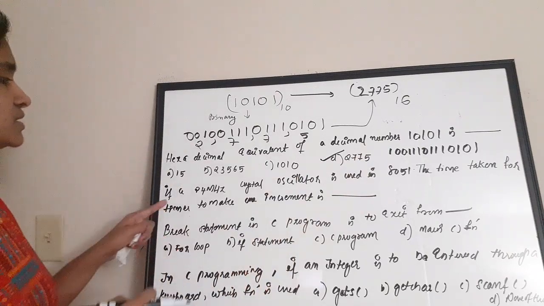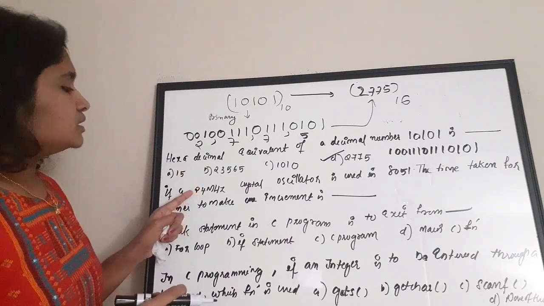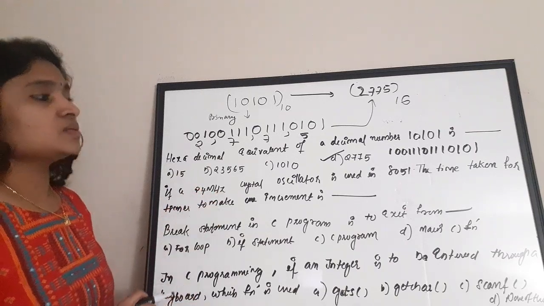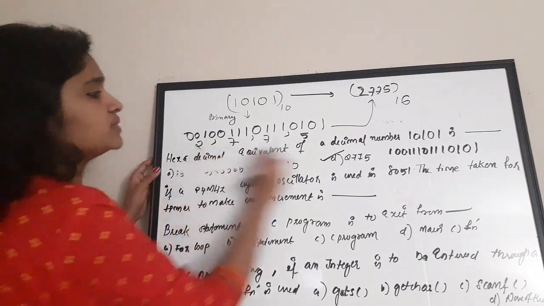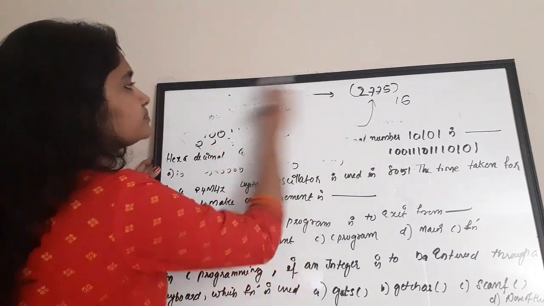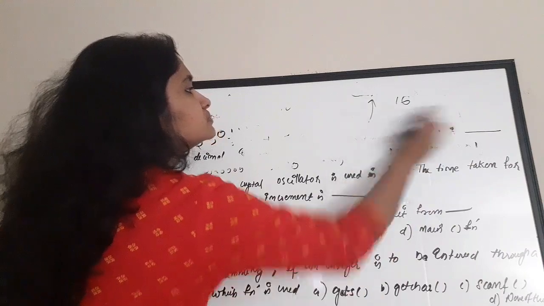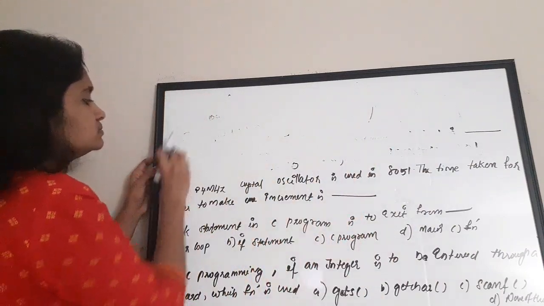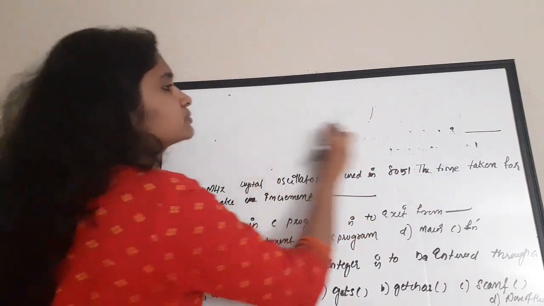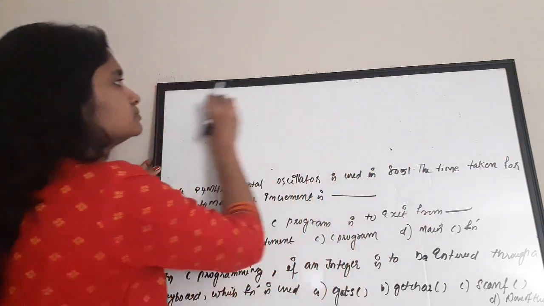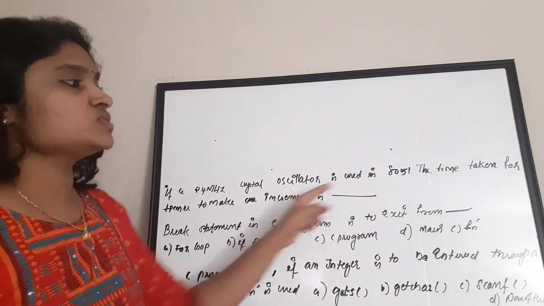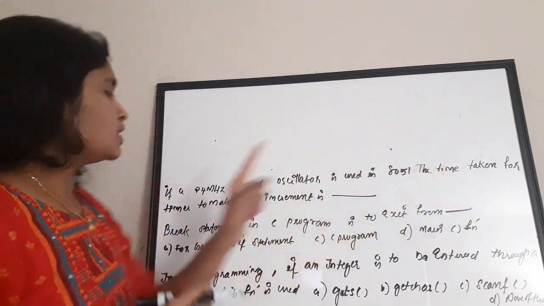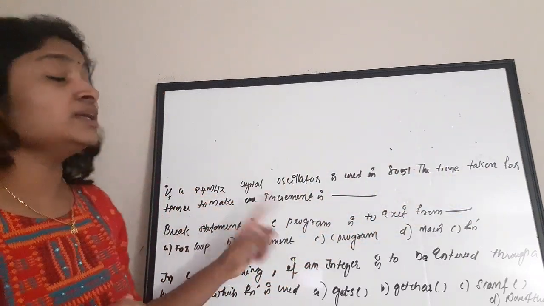Moving on to the next question. If a 24 megahertz crystal oscillator is used in 8051, the time taken for the timer to make one increment is dash.